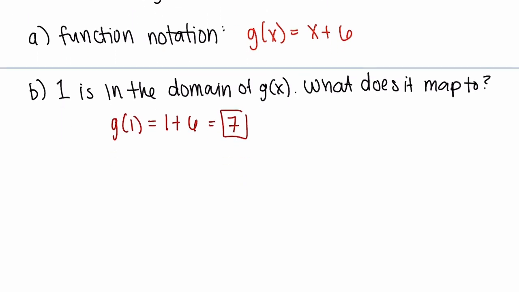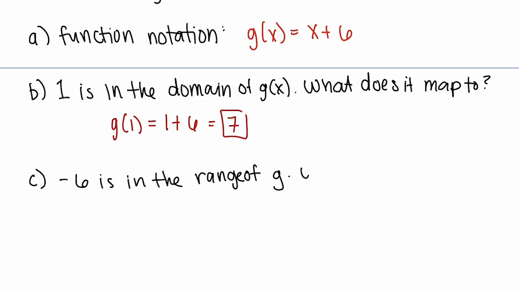Questions on that? And then the last thing, this could be phrased a couple of different ways. Actually, we're going to do 2 more. I could either say something like, negative 6 is in the range of G. What mapped to it?